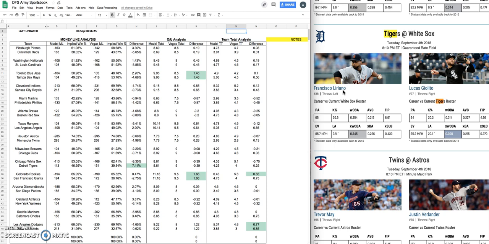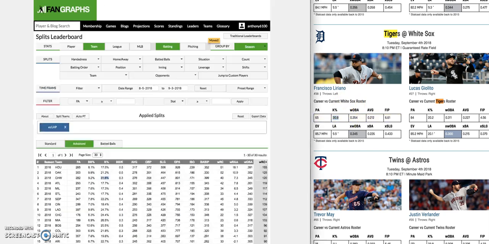But you can't just stop there. You need to look into the numbers and ask, is this even a good option? Are we looking for strikeout upside, looking at his career versus the current White Sox? He's at a 31% K rate. This is really interesting.